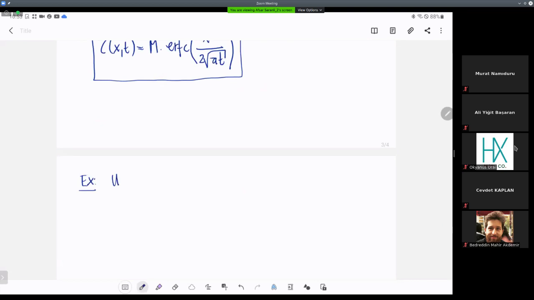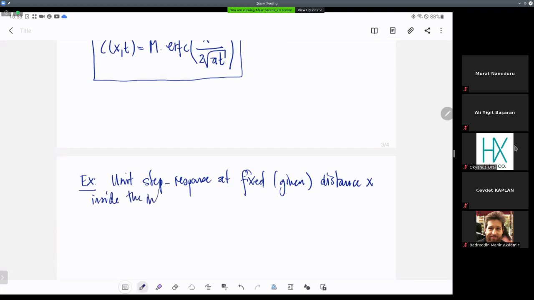Unit step response at fixed, that means given, distance x inside the infinite slab, and for different x's.